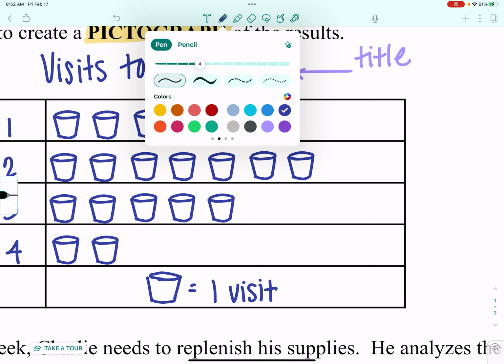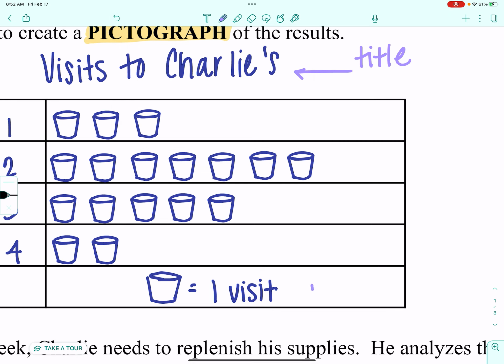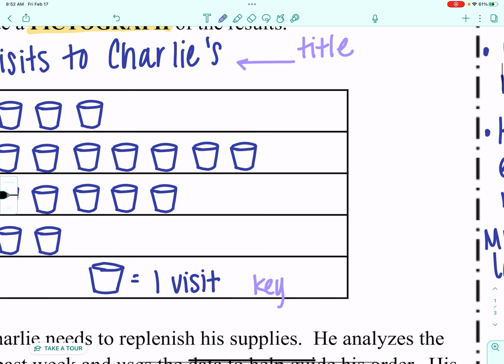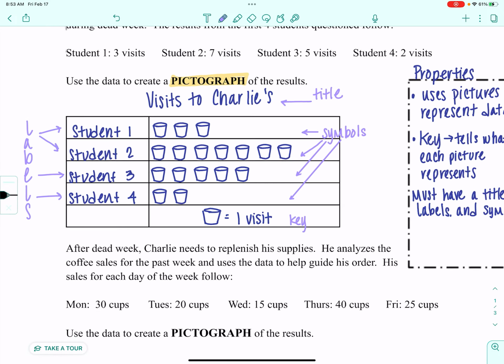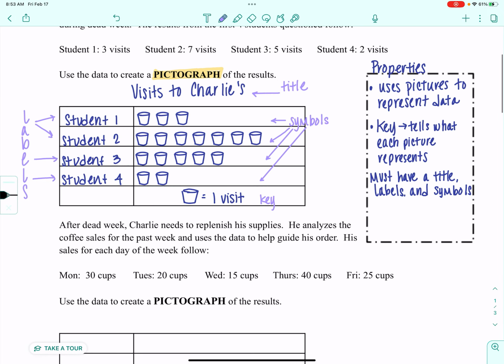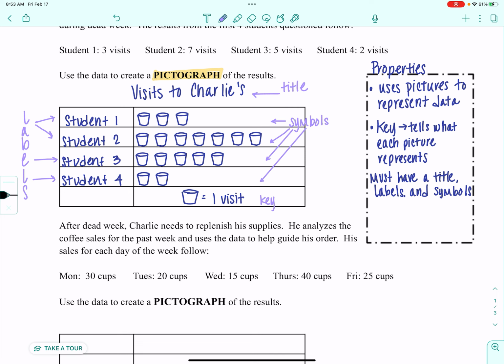So we have our key down there on the bottom. And the lines with our coffee cups contain our symbols. So there is our pictograph.